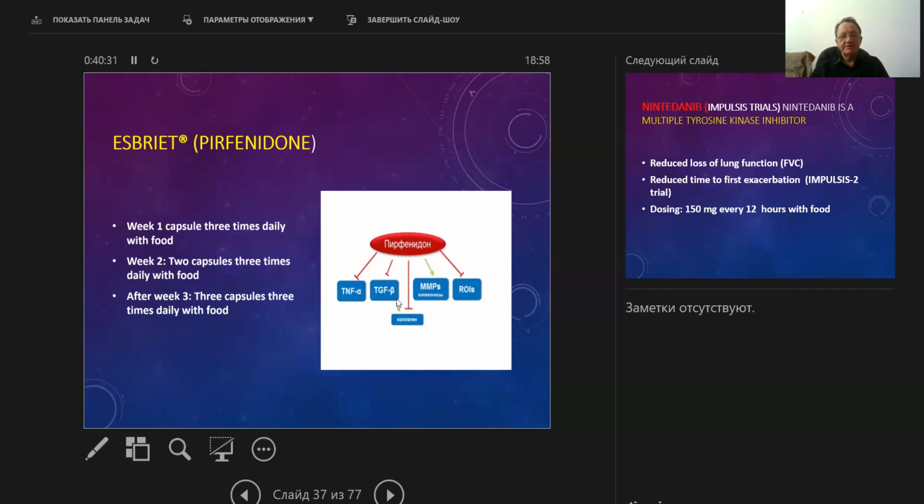And in the schedule of treatment, for example, after 3 weeks, the patient uses 3 capsules 3 times daily with food.